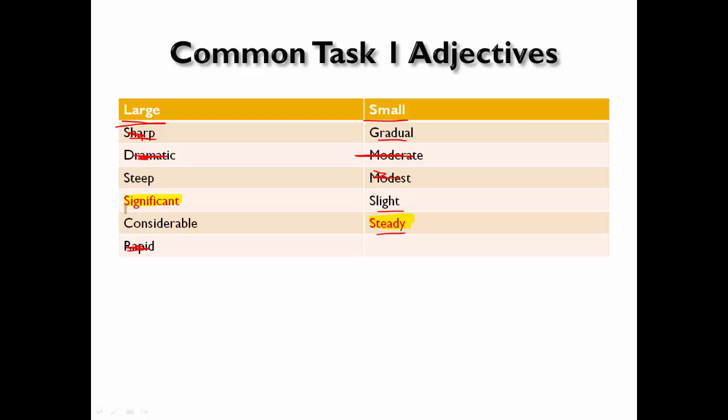So sometimes people get confused about significant. So sometimes even just a small increase, people describe it as significant. So look up this word significant and be careful when you use it. Steady can also mean small and large at the same time. You could have a steady increase that is very, very large, or you could have a steady increase that is very small. So both significant and steady can be used both for large and small.